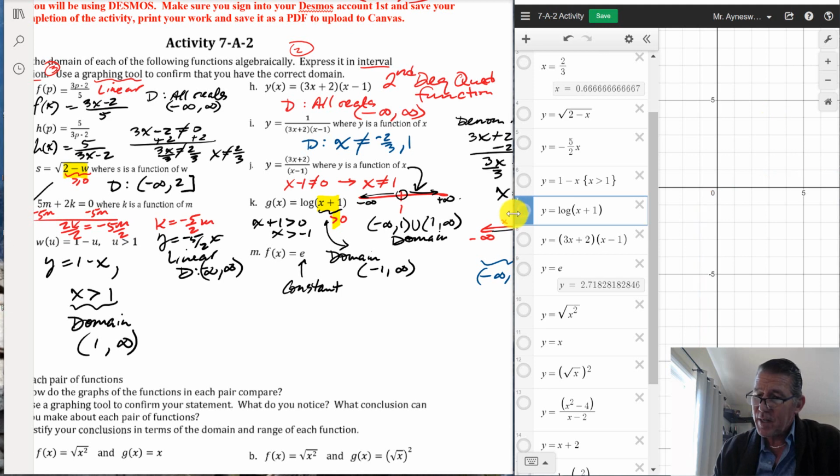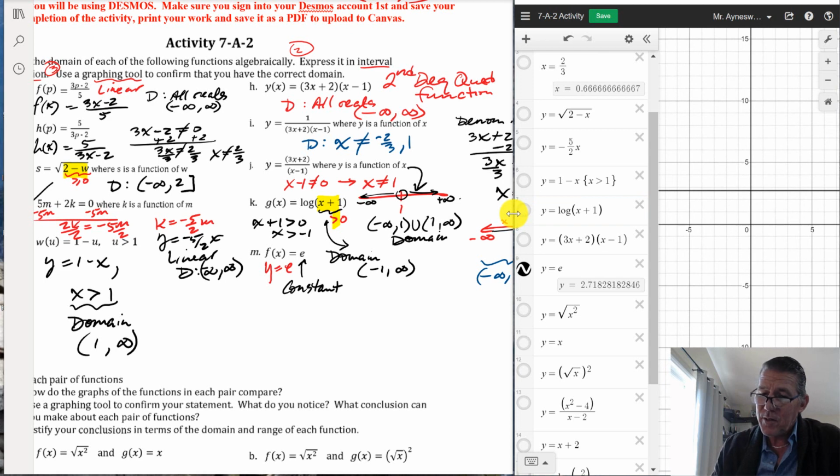Now, let's turn that off and type in y equals e. f of x equals e is the same thing as y equals e. That's a horizontal line. Just so you know, e is that famous Euler constant, 2.718. Notice it tells you right here, 2.718. And it's up here, a horizontal line between 2 and 3, a little less than 3.